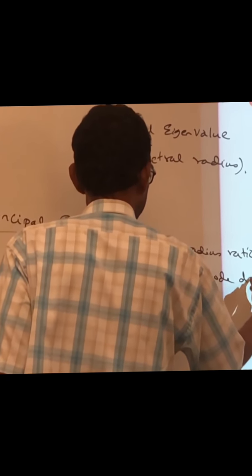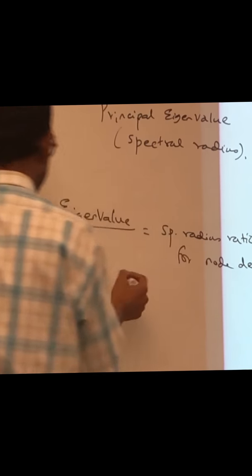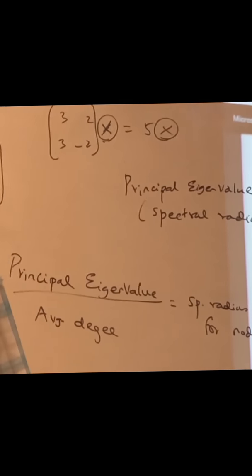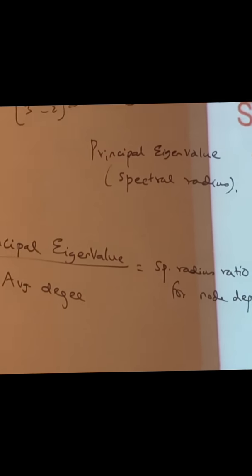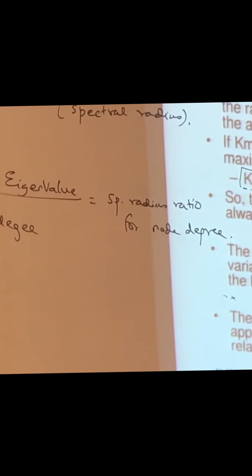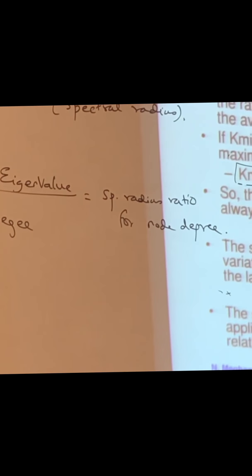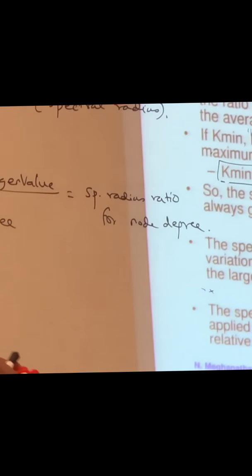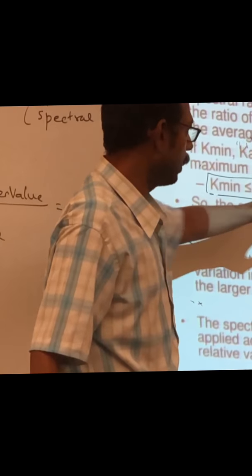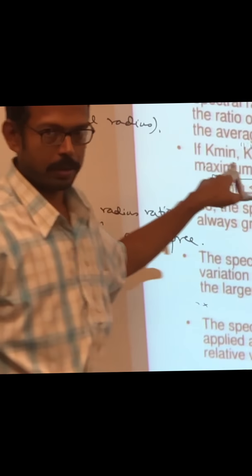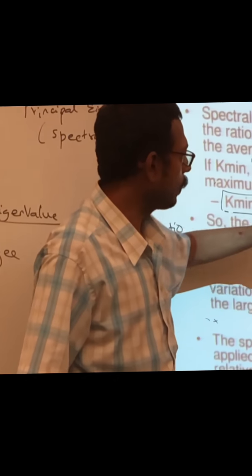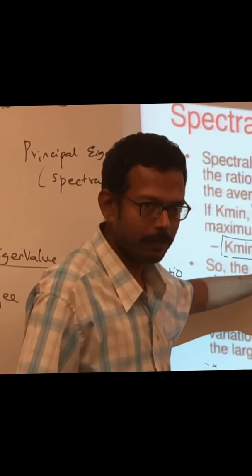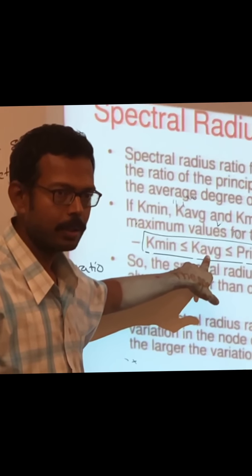Now, can anyone say what is the minimum possible value for this ratio, the ratio of the principal eigenvalue and the average degree? It is always going to be greater than or equal to what? Just look at this relationship. The principal eigenvalue is always greater than or equal to the average degree, right?